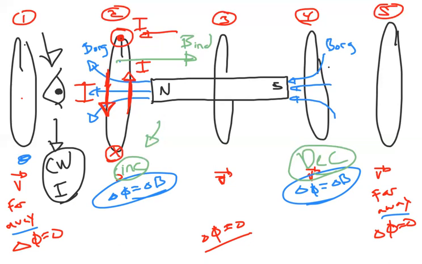And then we want to curl our fingers. So what direction is the current at the top? With your thumb pointed to the left, go ahead and curl your fingers. Good. In, and then the back. Good. Down.